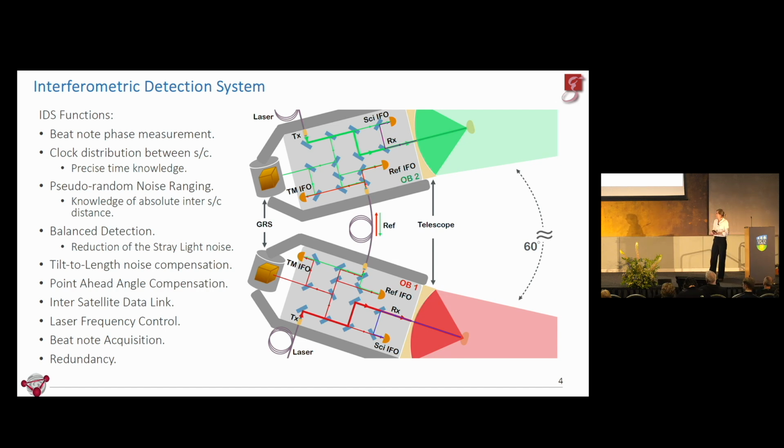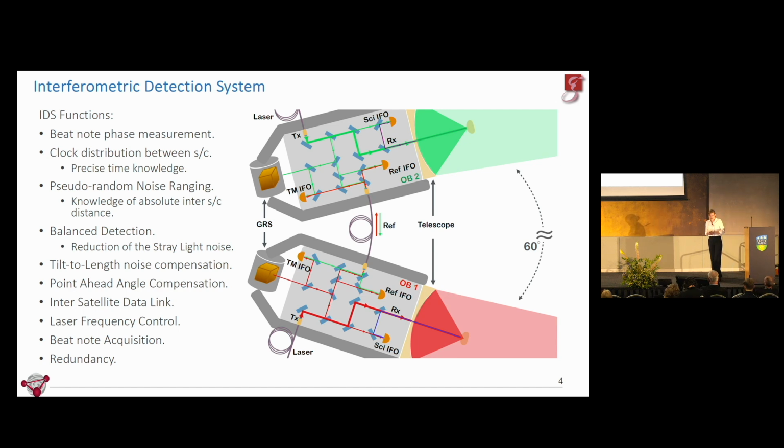To further reduce the noise in post-processing, we also have to know the absolute distance to the far spacecraft, so we have to provide the ranging. We also have to provide balanced detection to reduce stray light noise, compensation of noises like tilt-to-length coupling, and compensate for point-ahead angle.